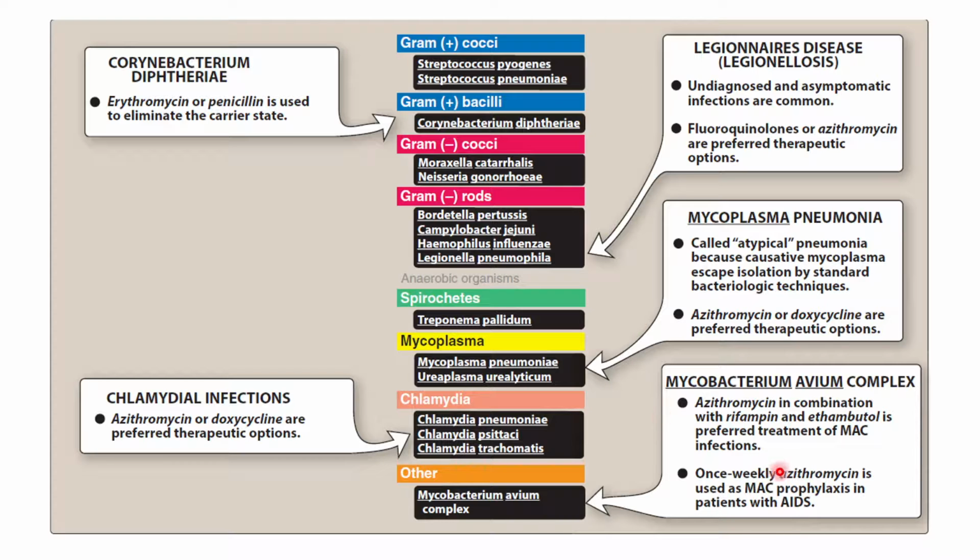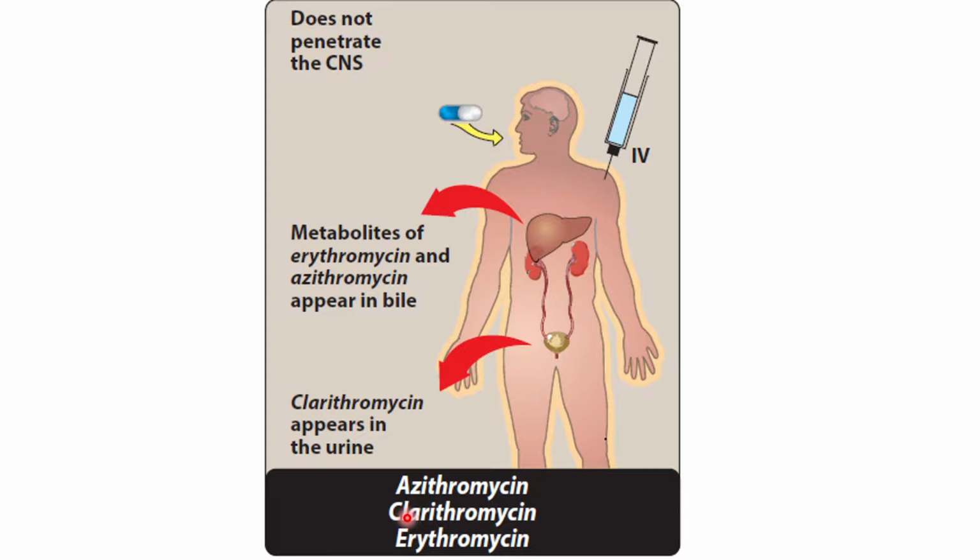Prophylaxis is usually required for patients with AIDS. It's not seen in normal patients without HIV. These drugs do not penetrate the central nervous system, and are injected intravenously, but most of them are also available orally. Azithromycin is eliminated by the bile, clarithromycin by the urine.